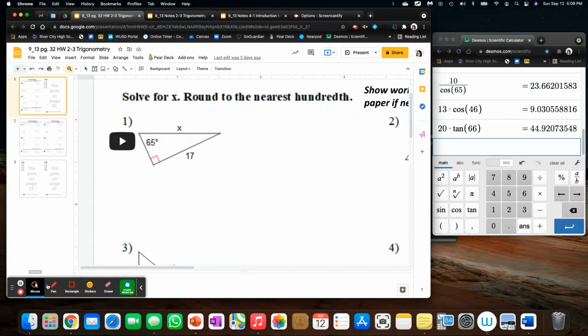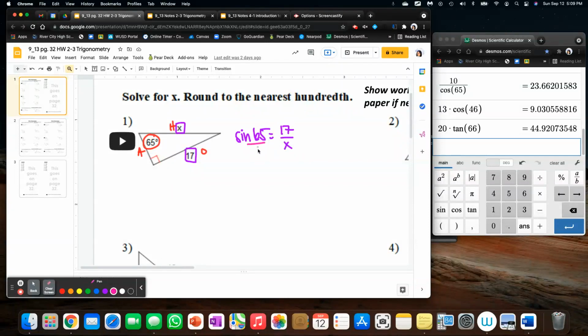All right, now let's take a look at a couple of these practice problems here. So starting with this one, I'm going to circle my reference angle, label my sides. So x is my hypotenuse, this side's my adjacent, this is my opposite. So we're solving for the hypotenuse, and we're given the opposite, which tells me OH, so I'm going to use sine. So sine reference angle equals opposite over hypotenuse.